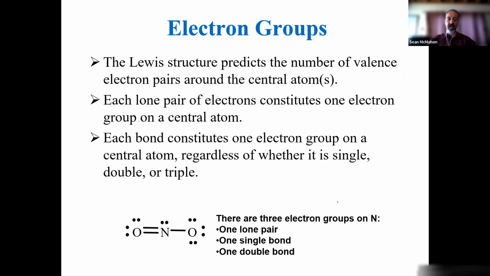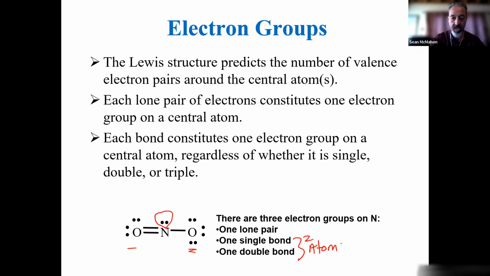So here's a Lewis dot structure, and this is nitrogen dioxide. I believe we drew this, but if not, here it is. And what we notice is there are 3 electron groups around the nitrogen. And why is that? Well, there's one lone pair around the nitrogen, the central atom, and then there's one single bond, and then there's one double. But really, what I want you to think of, instead of single double, think atoms.